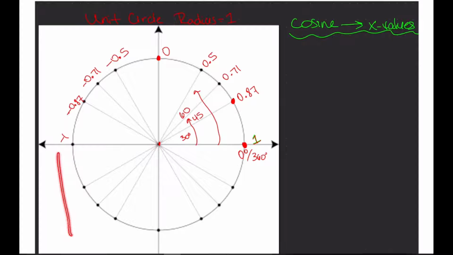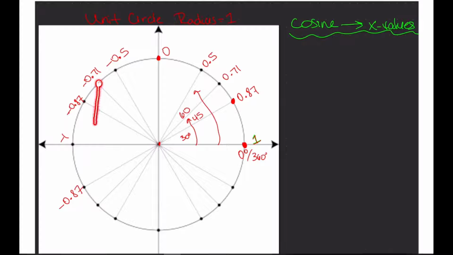Now you want to go to the third quadrant? Yep. So in the third quadrant, what's my x values going to be? Positive or negative? Negative. They're going to be negative, right? So this guy is going to reflect to this guy, right? So that's my negative 0.87.